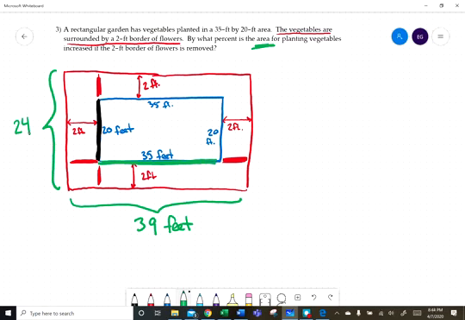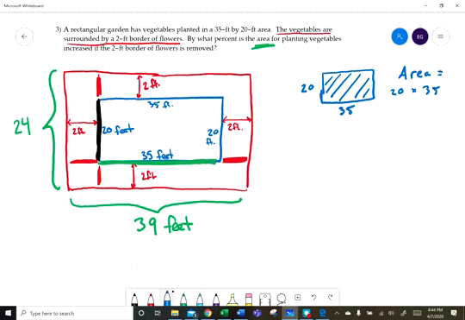So we started off with, let's bring it over here, we started off with the blue rectangle. That was 20 by 35. So the area of the blue rectangle, 20 times 35, which is 700 square feet.